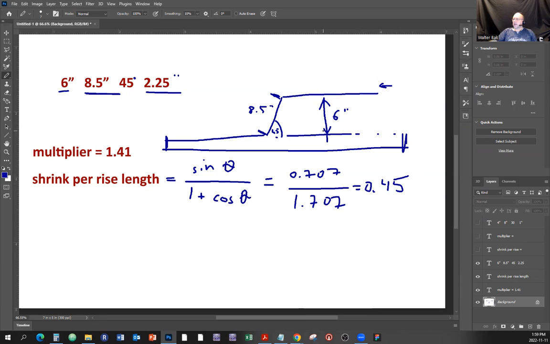Okay, now that is per every inch of rise.